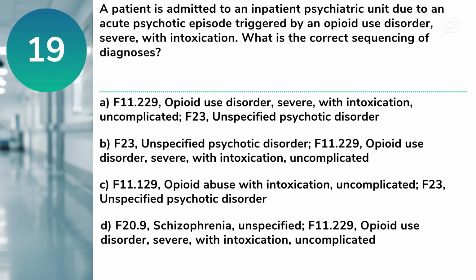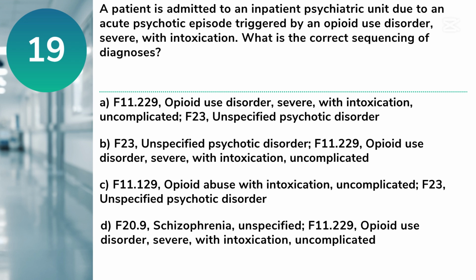Question 19. A patient is admitted to an inpatient psychiatric unit due to an acute psychotic episode triggered by an opioid use disorder, severe, with intoxication. What is the correct sequencing of diagnoses? A. F11.229, opioid use disorder, severe, with intoxication, uncomplicated, F23, unspecified psychotic disorder.